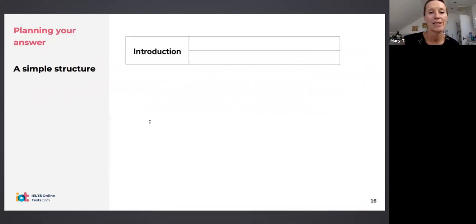Okay, so we just divide it into the different sections. How many paragraphs do you think you need for this essay? 3, 5, 4? Okay, 4, yeah, 4 altogether, good. So we have the introduction first of all. What do you think you have to say here?